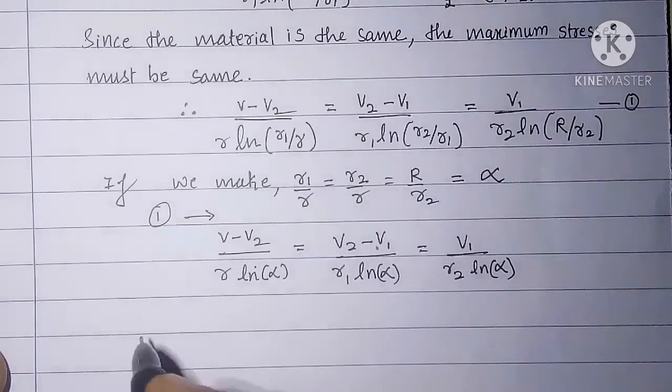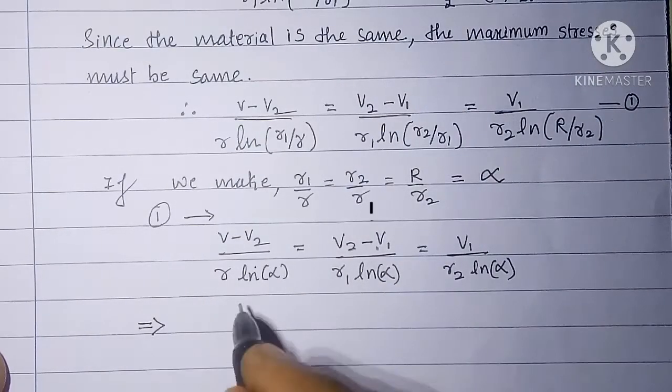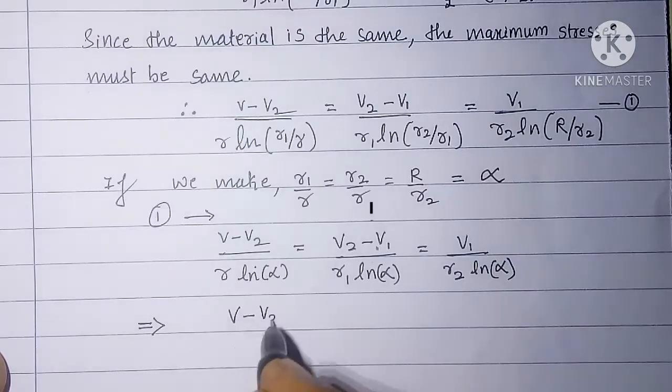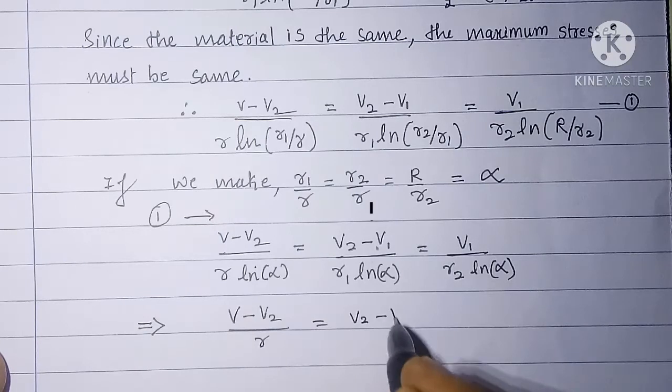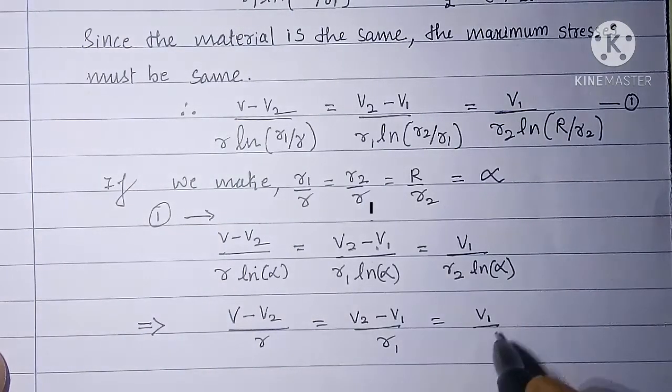Or V minus V2 upon R equal to V2 minus V1 upon R1 equal to V1 upon R2.